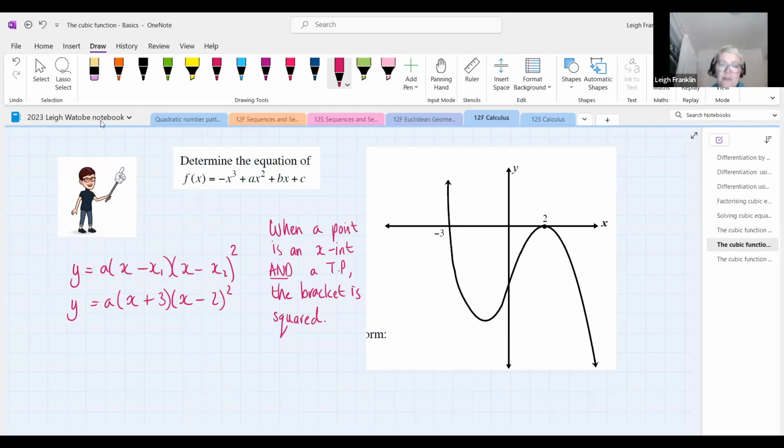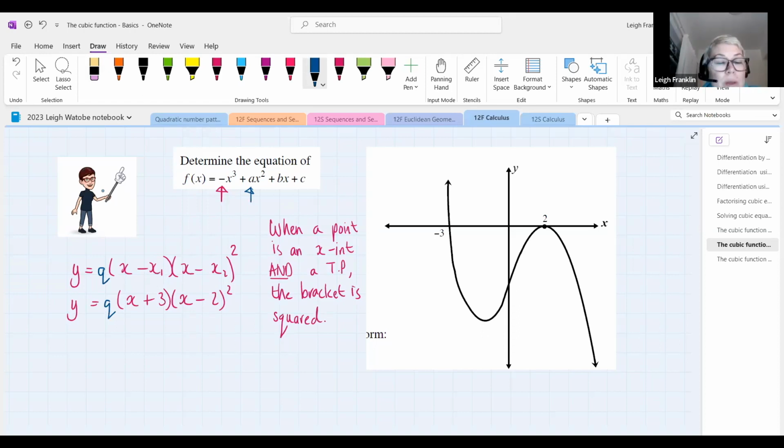The other thing that they have told you in this particular case is, if you have a look in front of the x cubed, the number in front of the x cubed is actually -1. So I shouldn't use a in this case. Let me rather use another letter like a Q, because they've got a over here and it wouldn't be the same a.